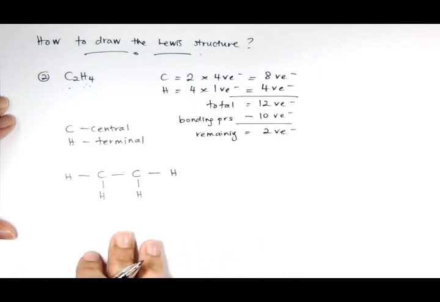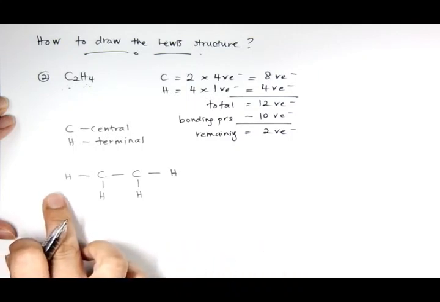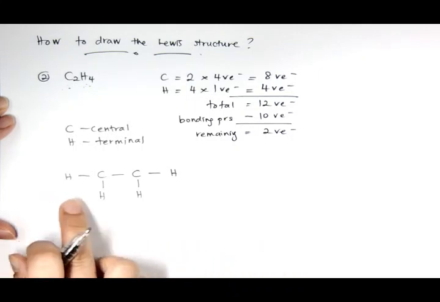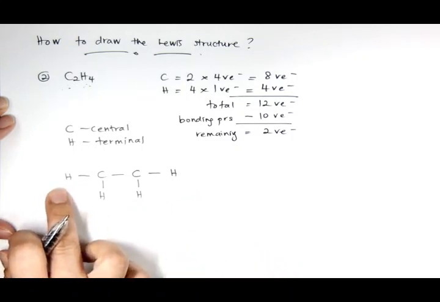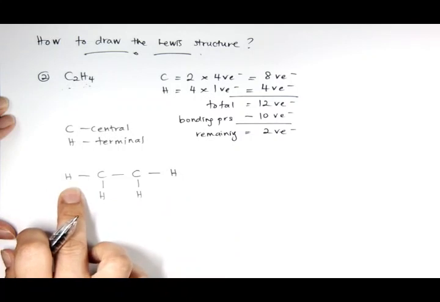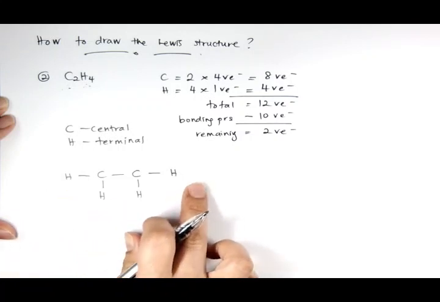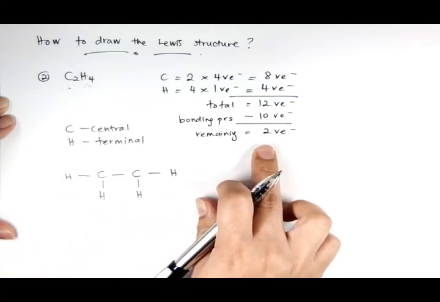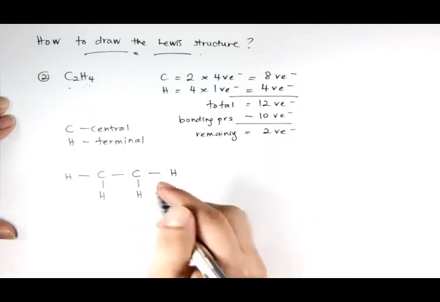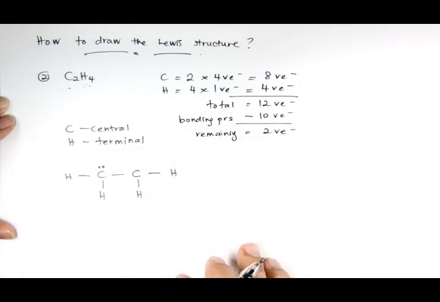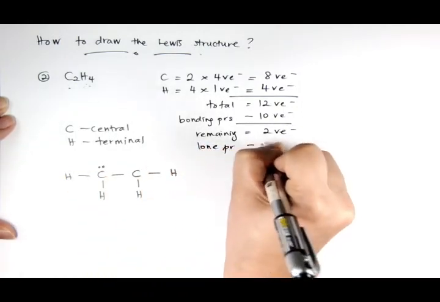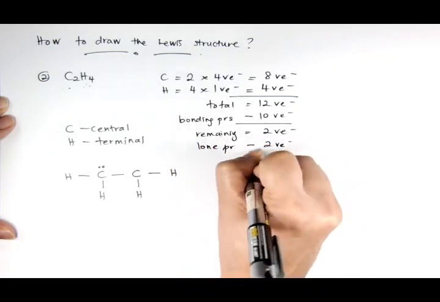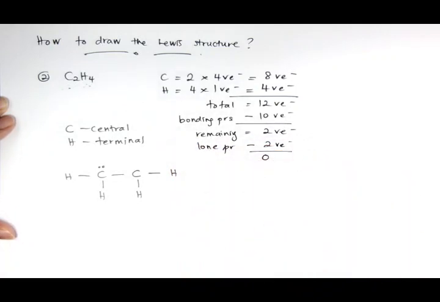But since the terminal atom in the molecule is the hydrogen atom, which can only obtain a duplet configuration, with 1 single bond the hydrogen already satisfies the octet rule. So the 2 remaining electrons we can locate to the central atom as a lone pair. So no more electrons to be distributed.